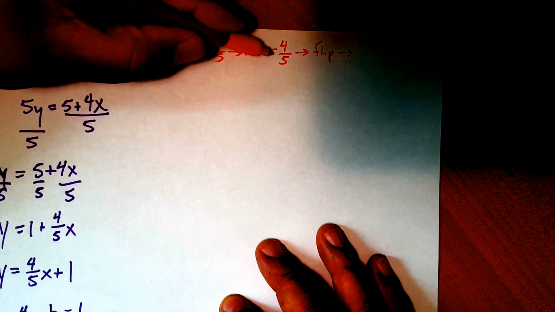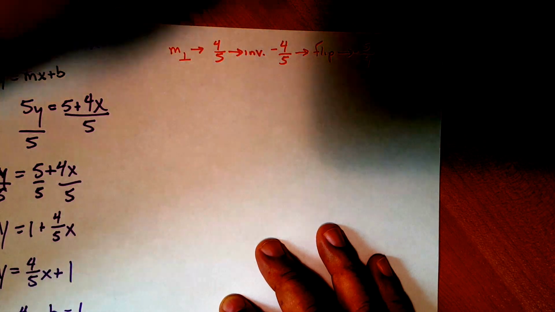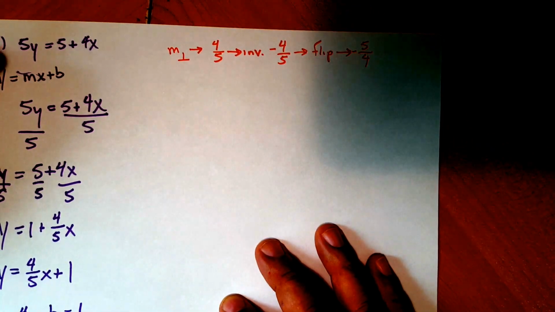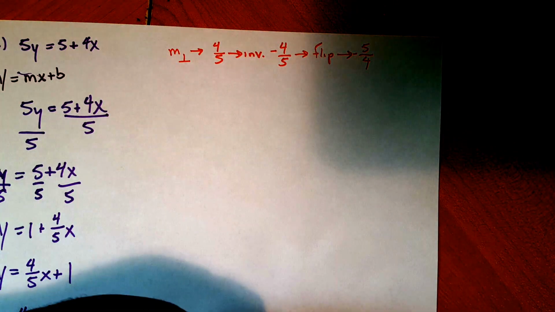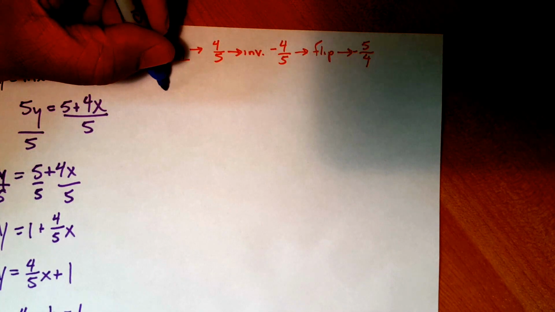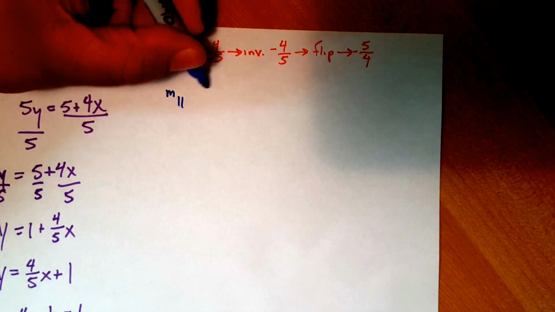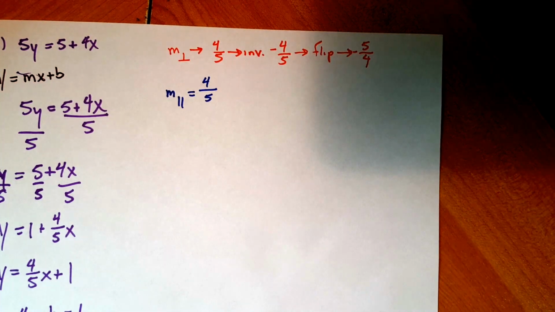So that's going to be turned upside down, so we'll have it that way. Okay? For our parallel line, remember we said the parallel is just the same. So if the slope of my original line is 4/5, the slope of my parallel line is 4/5.